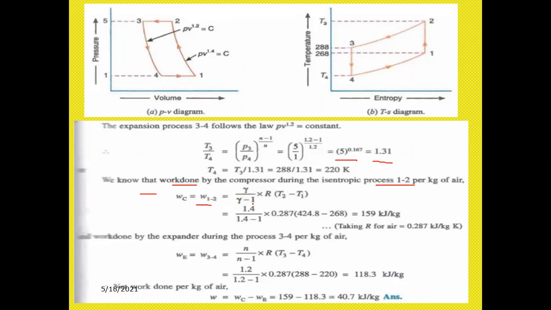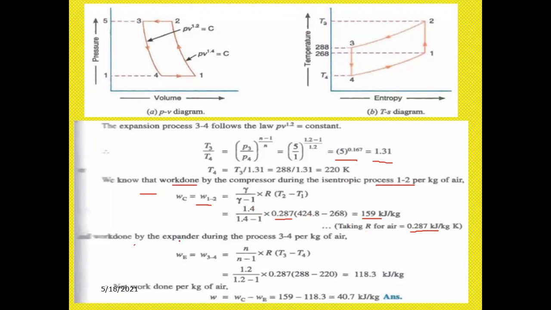Therefore, gamma 1.4 divided by 1.4 minus 1 into R into the T2 value minus the T1 value. How will you get the R value? Take the R value of air as 0.287, which you get in the question, or you can assume it. So you get work done equal to 159 kilojoules per kg.